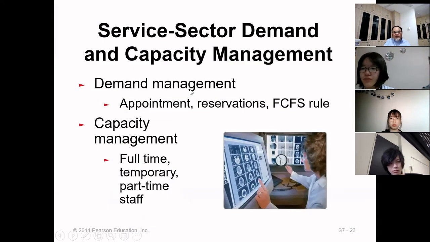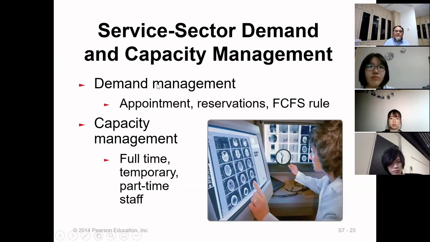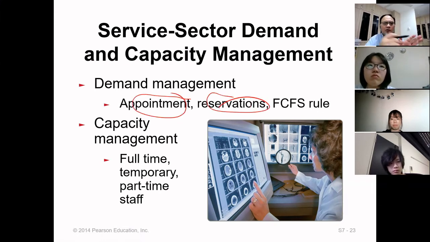Let me go a bit faster. In service, there is also demand management and capacity management. Demand management in the service sector is how they manage demand. They have appointment systems and reservations.